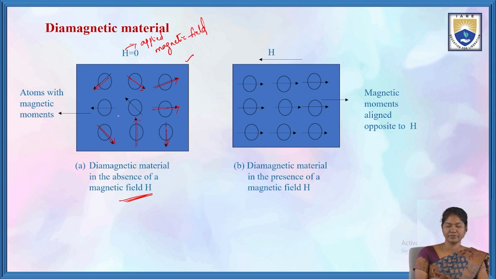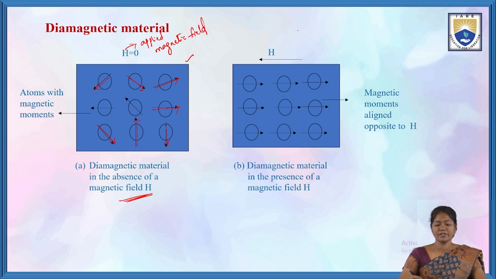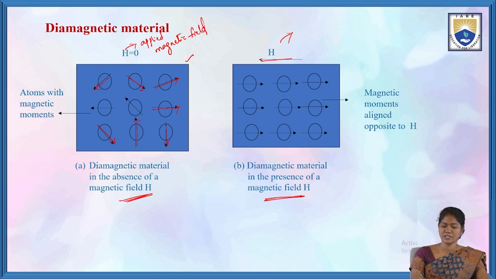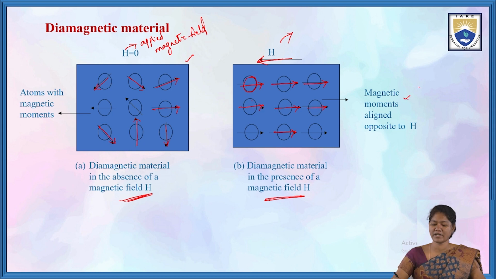When the diamagnetic material is placed in the presence of a magnetic field H, which is applied in this direction, all the magnetic moments of its atoms are aligned opposite to that of the applied magnetic field H.